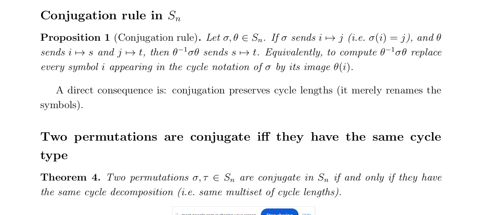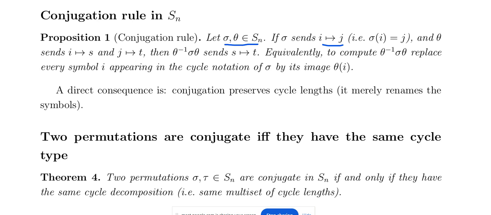So and the conjugation rule in Sn, that is, let sigma, theta belong to Sn. Sigma ன்றது என்னன்னா sigma of i equal to j ன்னு அர்த்தம்.